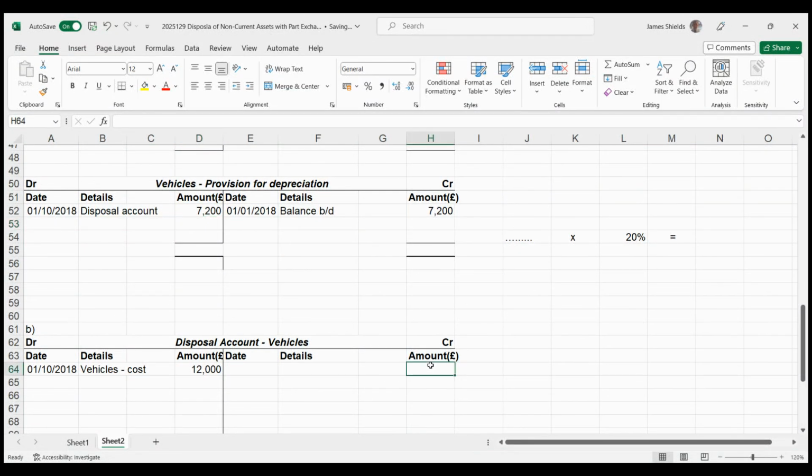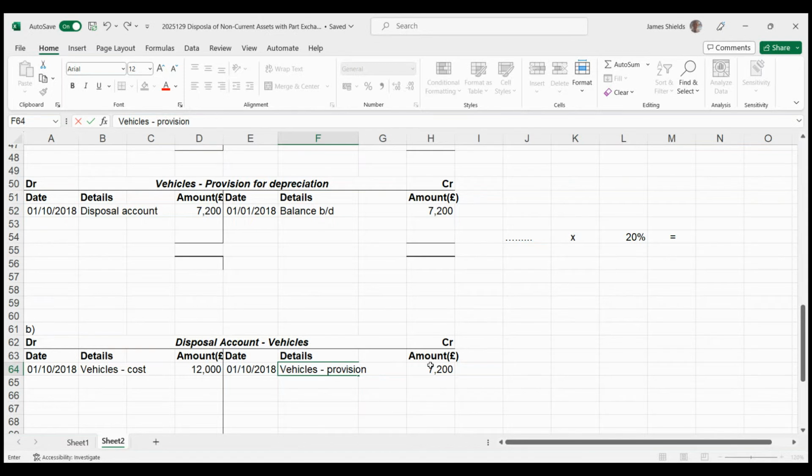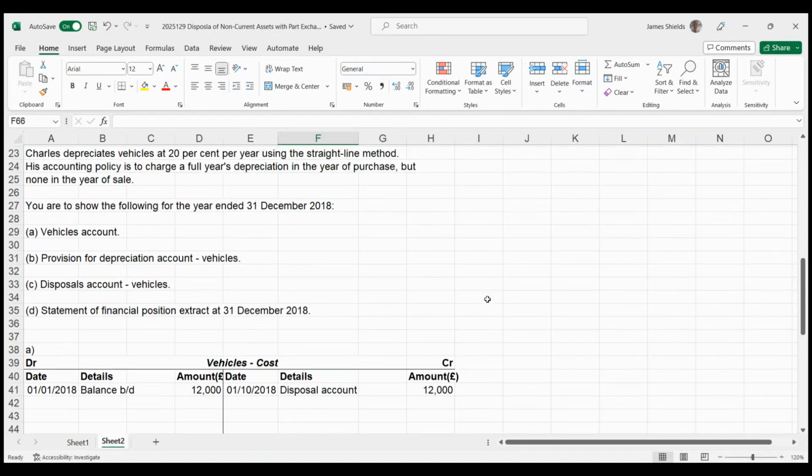After £7,200 is the 1st of October 2018, and it's my vehicles provision for depreciation. So now we've taken the previous vehicle out of the accounting records. Let's see what happens next.